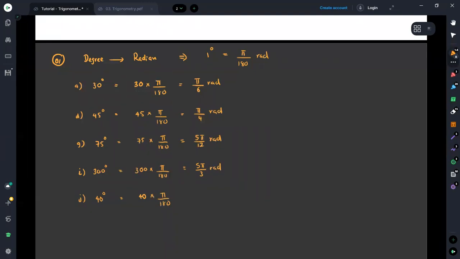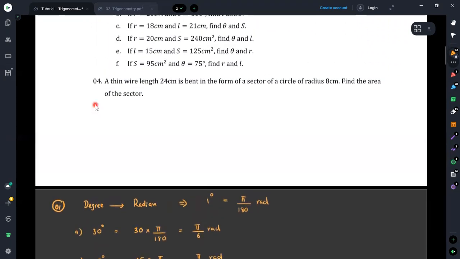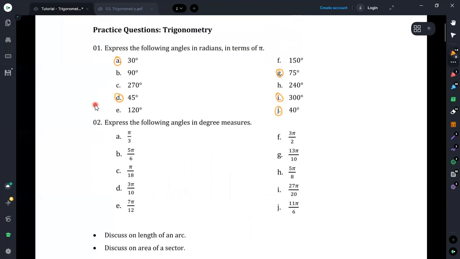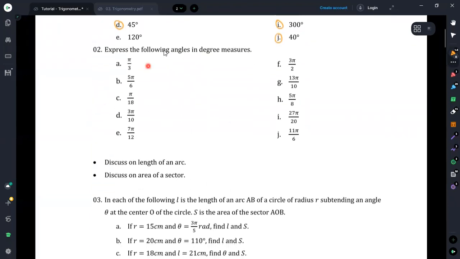Then we get the equivalent value in radians as 2 times π divided by 9 radians. Therefore, these are the answers that we are getting for the parts that we have considered in the first question, which asked for degree to radian conversion. In the second question, I would take the discussion now.